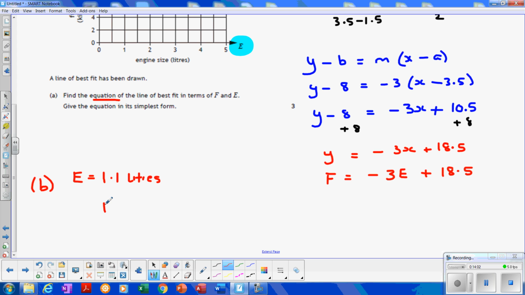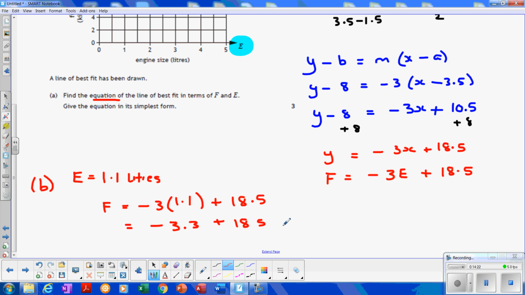So F is going to be equal to minus 3 times the engine, which is 1.1, plus 18.5. So minus 3 times 1.1 is minus 3.3, and I want to add on to that 18.5.